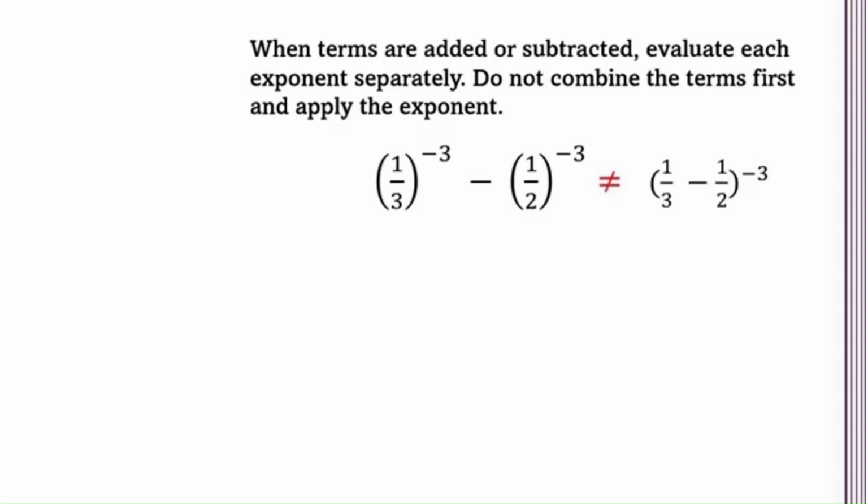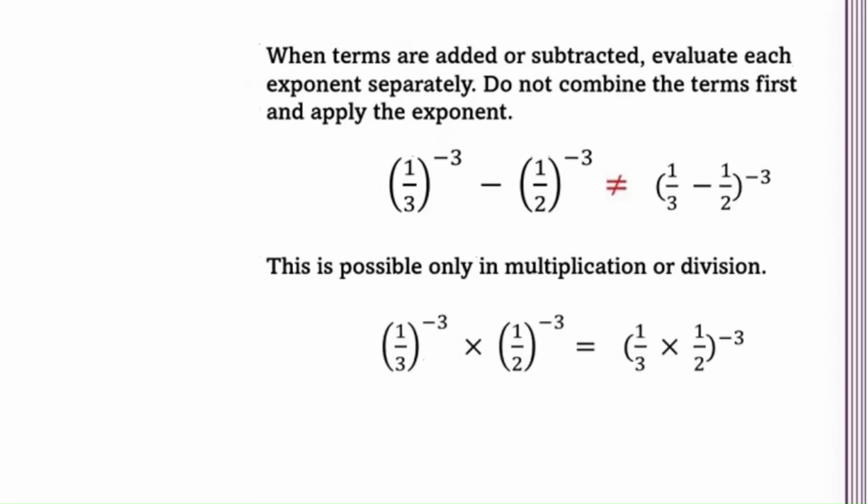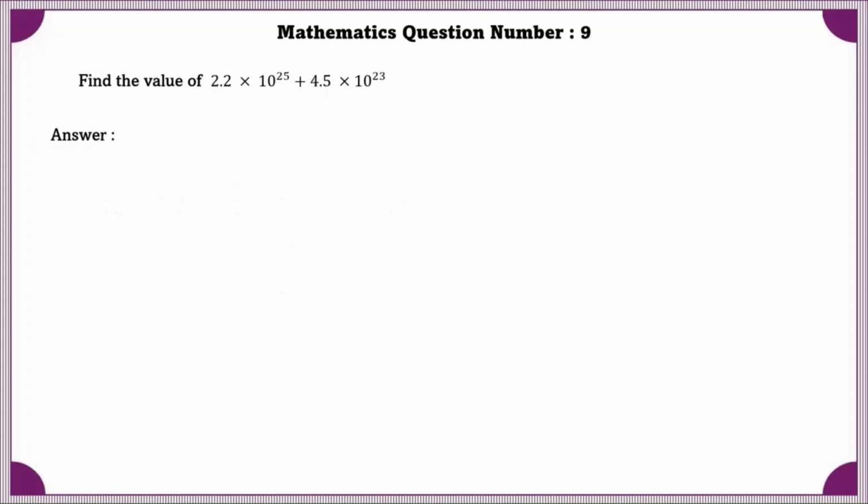Remember, 1 by 3 whole to the power minus 3 minus 1 by 2 whole to the power minus 3 is not equal to 1 by 3 minus 1 by 2 whole to the power minus 3. This is only possible in multiplication or division. We can write it here as 3 cube minus 2 cube whole divided by 4 cube. After simplifying, we will get 19 by 64.